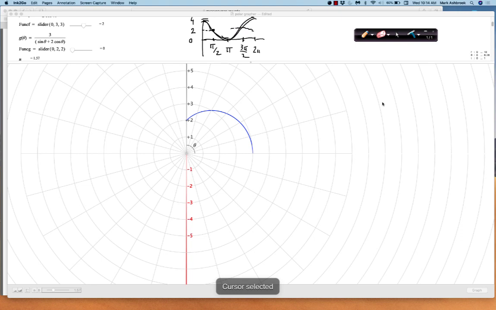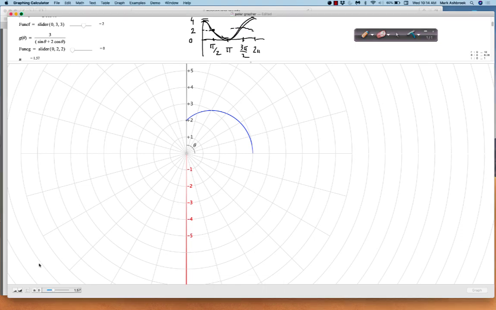Watch it again. Here we go. As theta increases from 0 to pi over 2, watch r slide down from 4 to 2. And then as theta increases from pi over 2 to pi, r goes from 2 to 0.